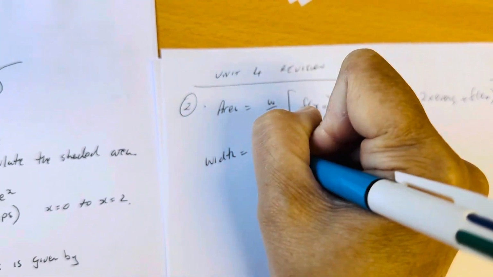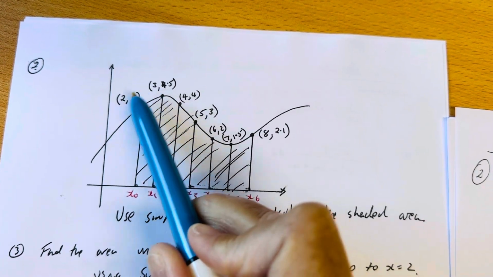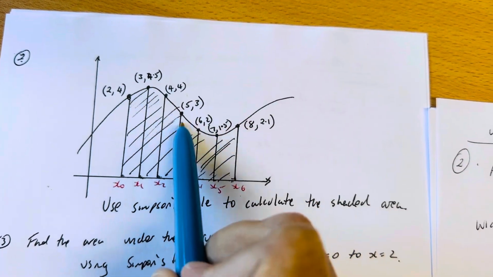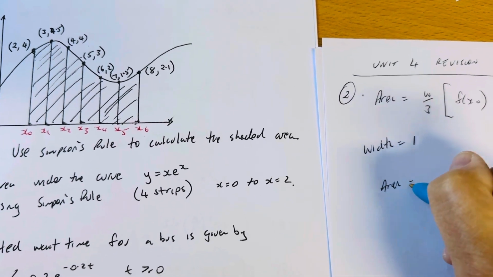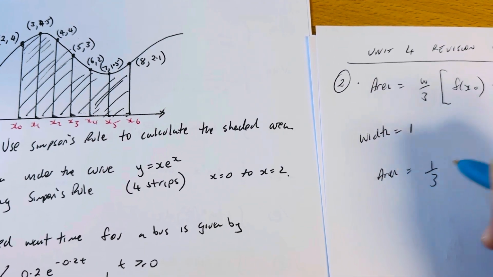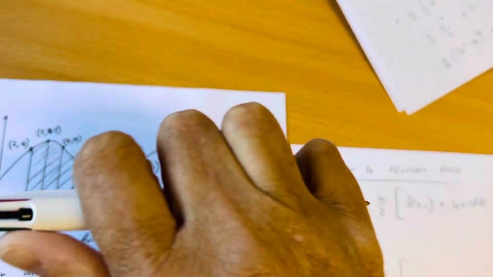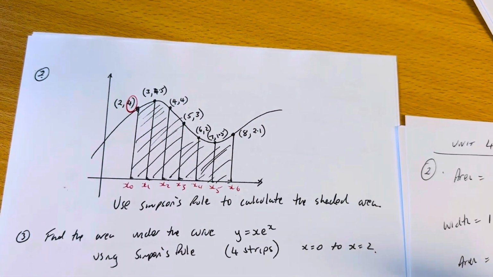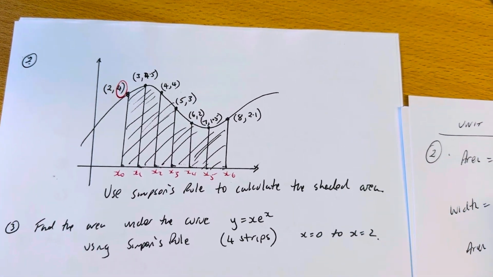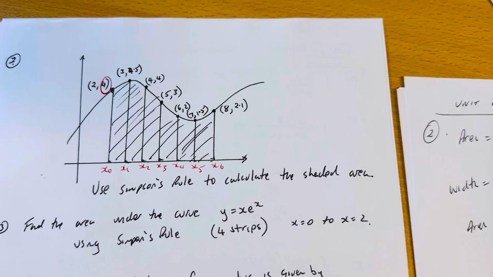Width equals, now if I look here and look at my x's counting across, x1, x2, x3, x4, I'm going up in jumps of 1. So my width is 1. So my area is equal to 1/3 f of x0, so that's going to be 4, that's my f of x0, plus 4 times my odds.